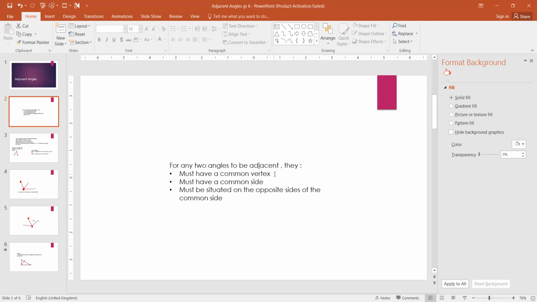For any two angles to be called adjacent angles, they first must have a common vertex, second, must have a common side, and third, must be situated on the opposite sides of the common side. I know that what you understand from this is nothing, so let's move to a new slide to explain something that might help you.